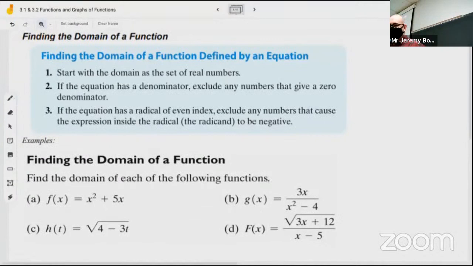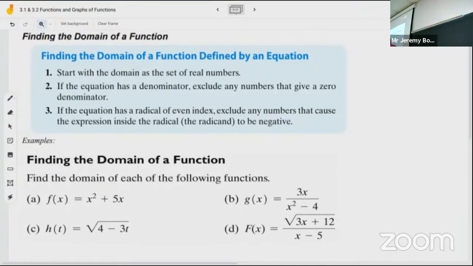All right. Now to something we're actually familiar with, hopefully. We're going to be finding the domain of a function. Now, I spent a lot of time talking about the domain of a variable, the domain of an expression at the beginning of the semester. Same things apply here for a function. It's just that they're written up differently. That's really the only thing. So you got to start off with the set of all real numbers. It can be whatever it wants.